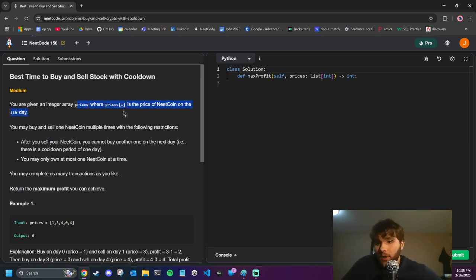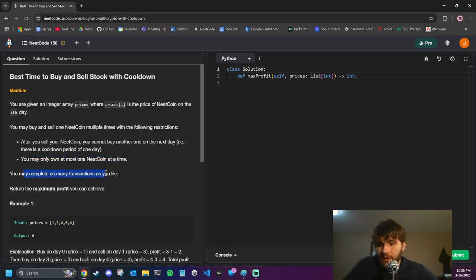Okay, so we're given prices, and every index is the price of a coin on the ith day. We can buy it and sell it. We can buy and sell one NeetCoin multiple times with the following restrictions. After you sell your NeetCoin, you cannot buy another one on the next day, and we can only have one.